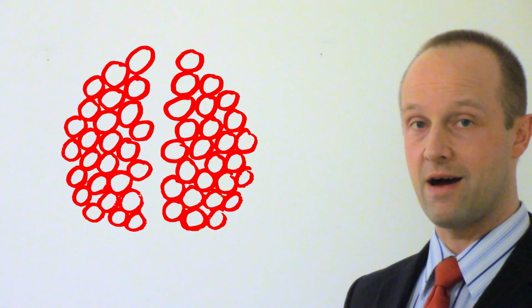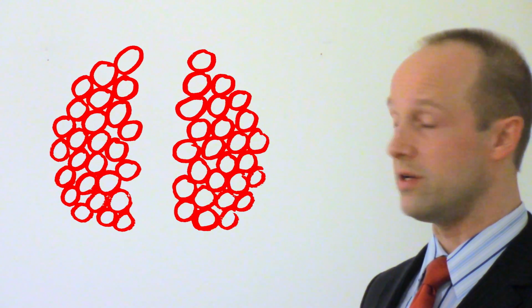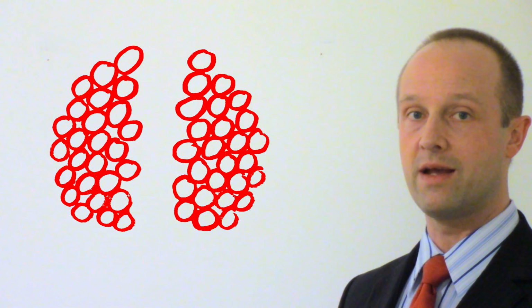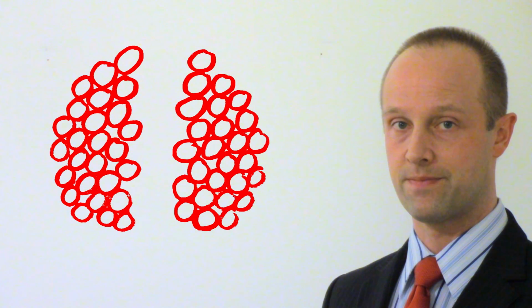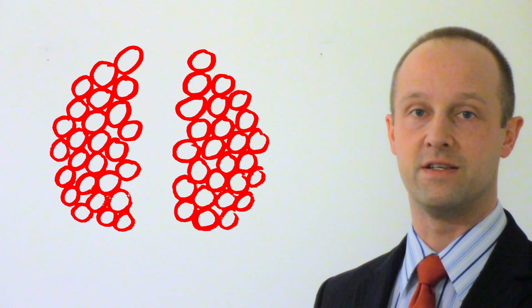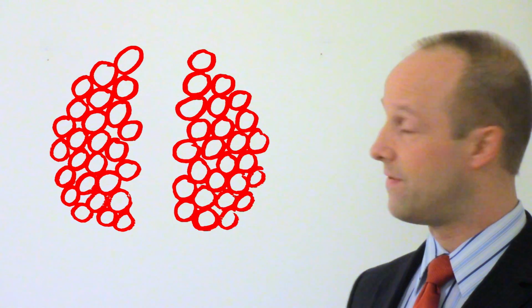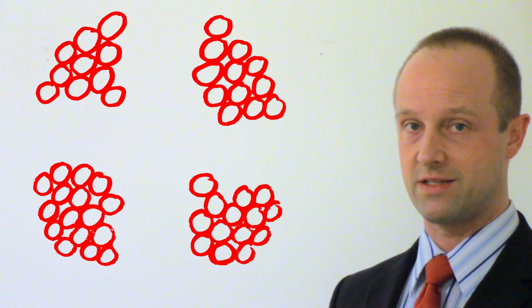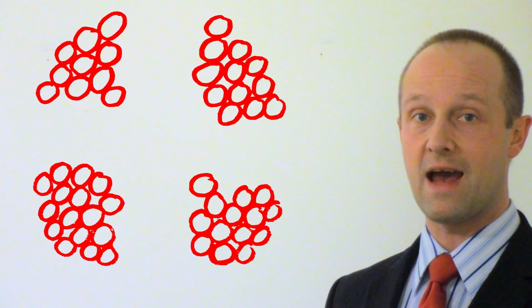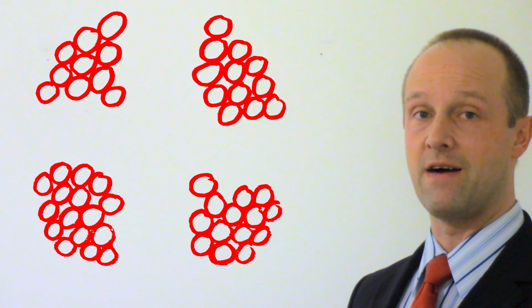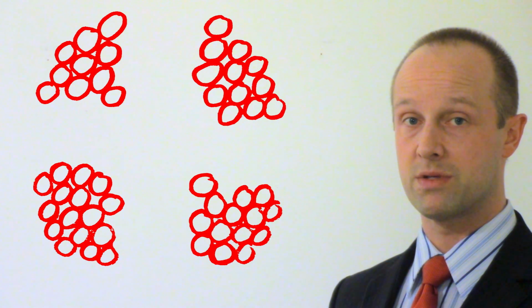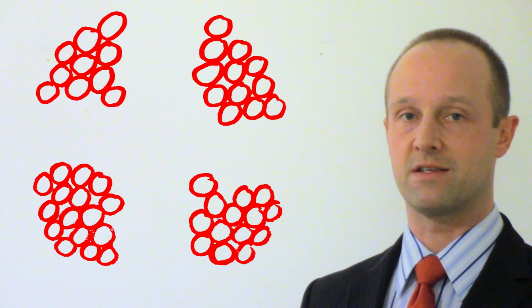So if we chop it in half, we introduce two brand new surfaces here which weren't exposed before, where we can get a reaction taking place. This is increasing the surface area. If we split it in half again, then we've got even more surface area where the reaction can take place. And again, if we keep dividing it and split it all up into lots of little individual clumps, then we get a much faster reaction.